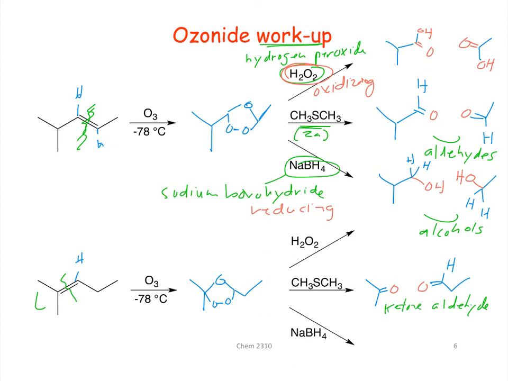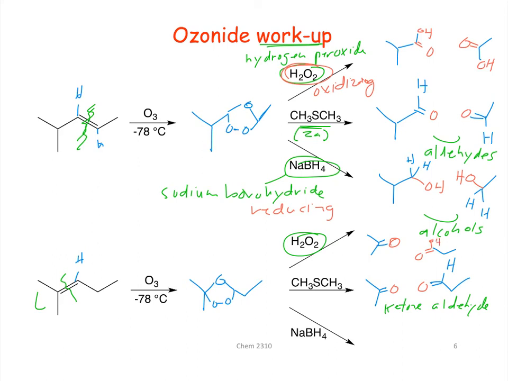Okay? If we use our oxidizing workup, hydrogen peroxide, the ketone can't be oxidized any further. So we just get a ketone, but for the aldehyde side, that can be oxidized further. And so this one forms a carboxylic acid.